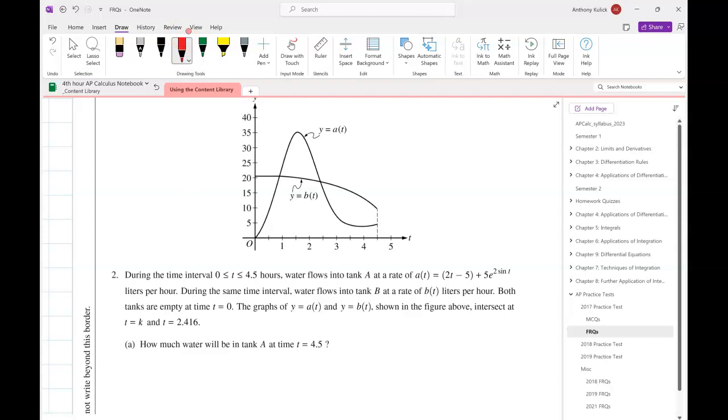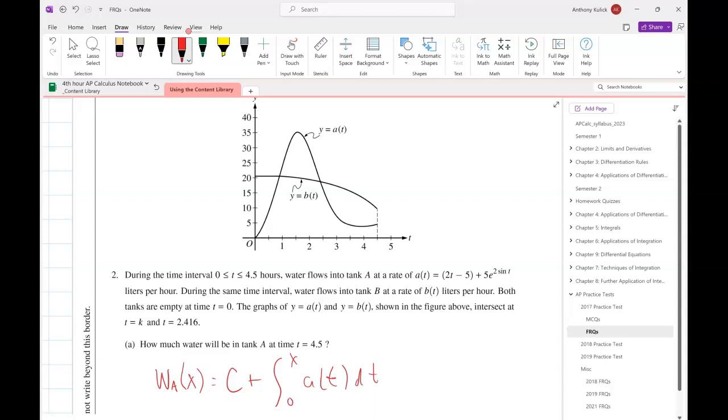So, let's say C plus. The water in tank A at time x is going to equal C, some constant, plus the integral from 0 to x of A of t dt, right?